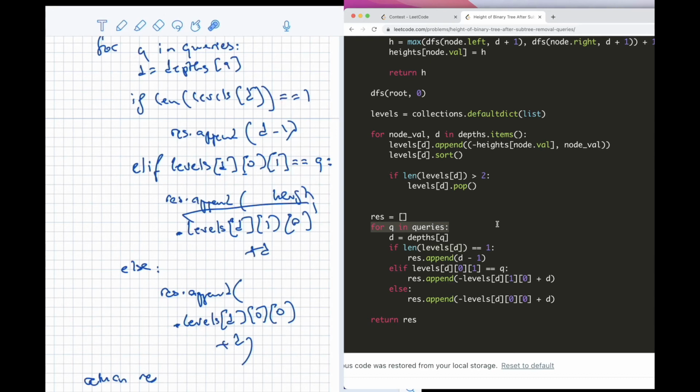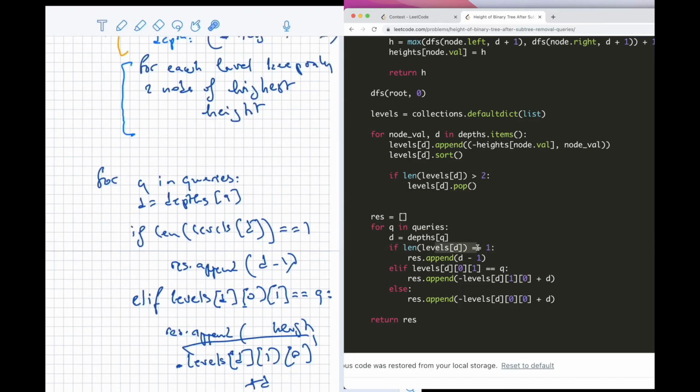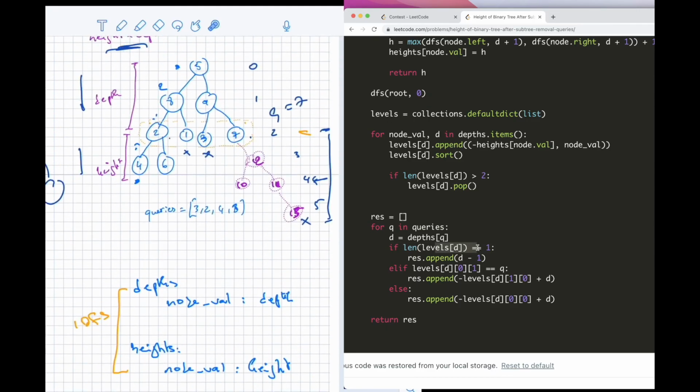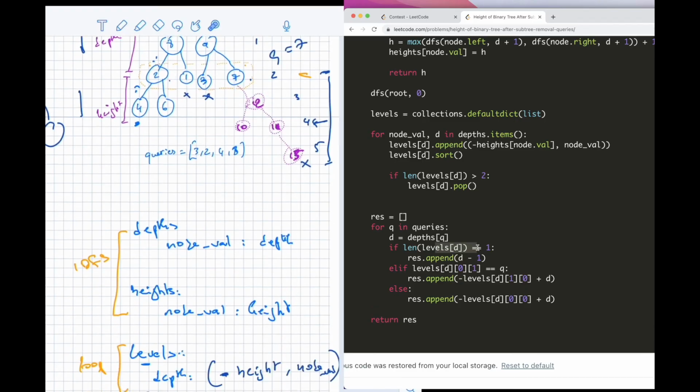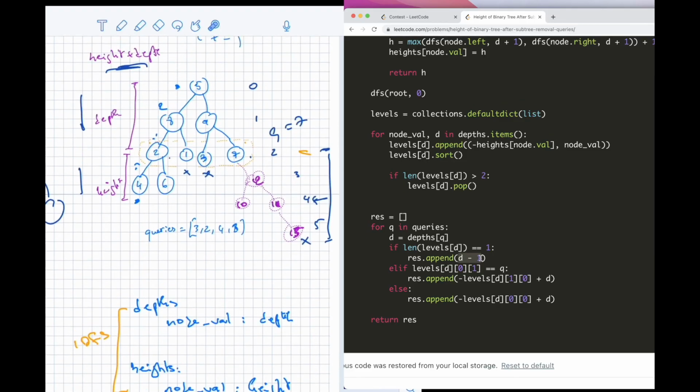Okay, so basically if it's 1, we are in a case like this where, for example, the 13 case here, right? The levels contain only 1 element. In that case, we just remove it and we return the depth for the one before. So that's why we do d-1. That's the depth of one before, because that's all of this here, which is all what we need.